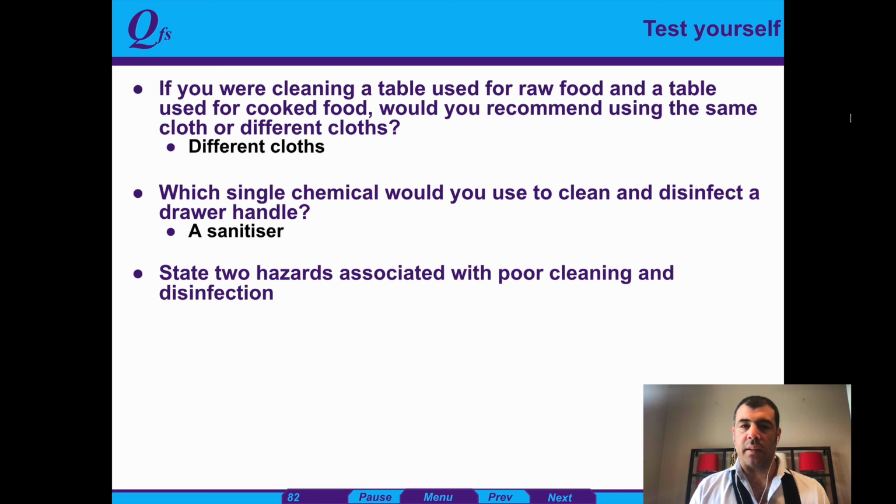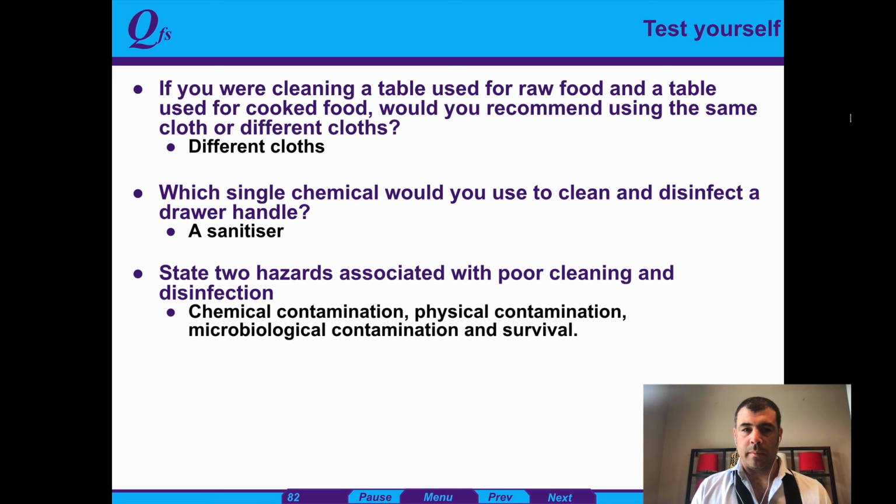State 2 hazards associated with poor cleaning and disinfection. We have 4 types of hazards: chemical, physical, and microbiological. Does it relate to allergens there?